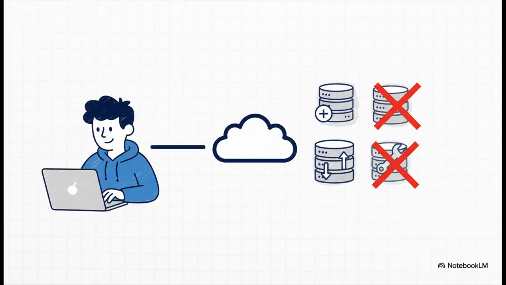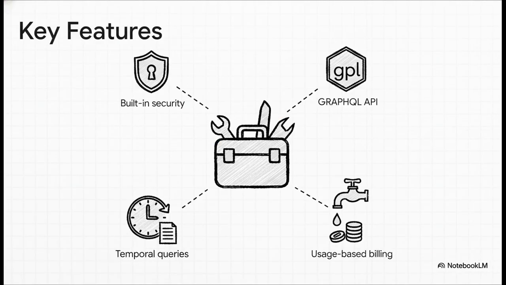Fauna handles everything else behind the scenes. It's a game changer. And there's a lot more packed in. You get fine-grained security and access control built right in. There's a native GraphQL API, which front-end devs absolutely love. And one of my favorite features, temporal queries. This lets you literally query your data as it existed at any point in the past. It's like having a time machine for your database. Oh, and you only pay for what you actually use.